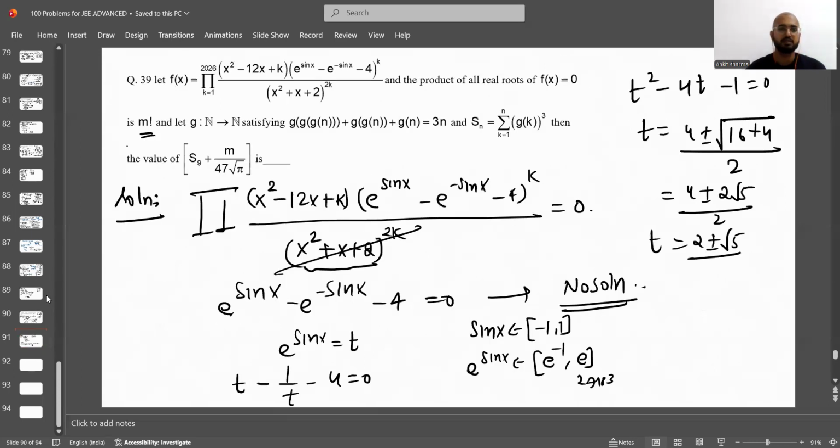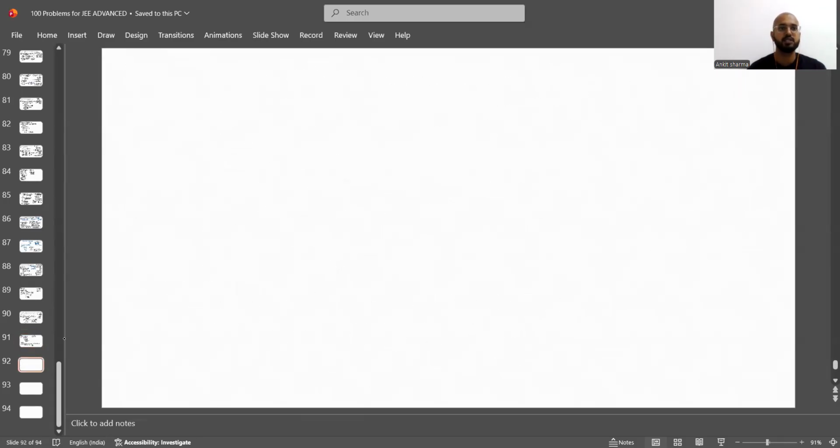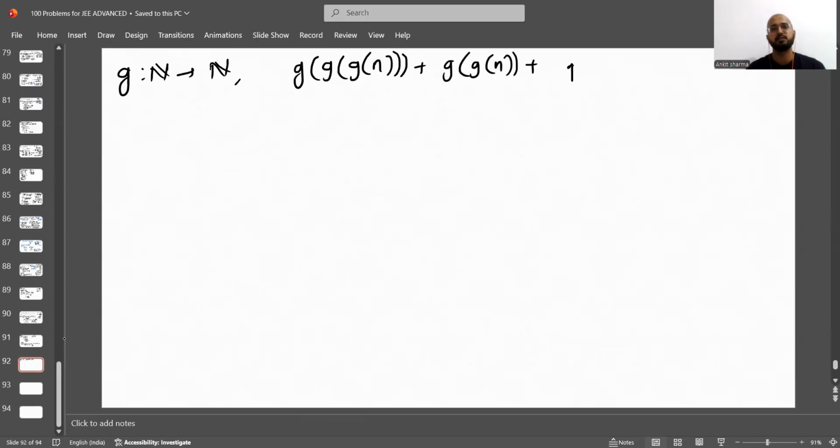Now the next part is we have a function g which satisfies this thing. For g, g is from natural to natural, and it satisfies g of g of g of n is equal to 3n.